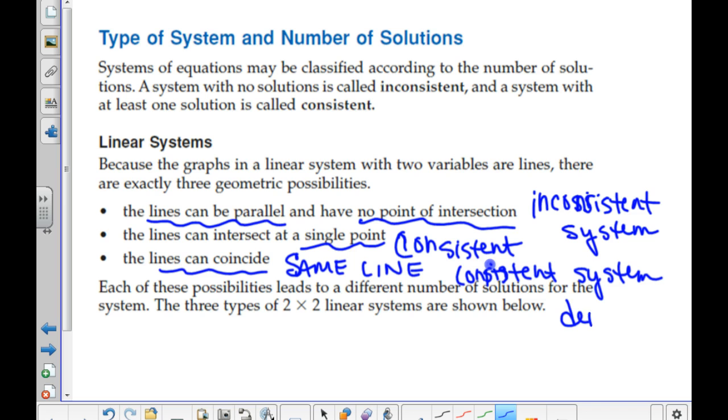It's called dependent and consistent, okay? You don't have to know that vocabulary, like all of it, but if it's a multiple choice question and it has more than one solution, it will say like many solutions, consistent system or something. So as long as you know it has many solutions, then you're good.